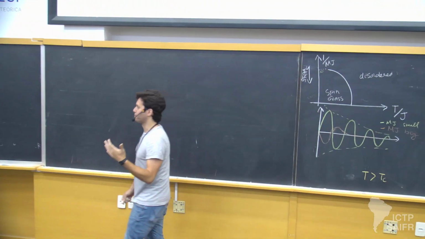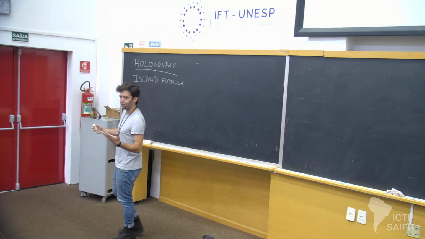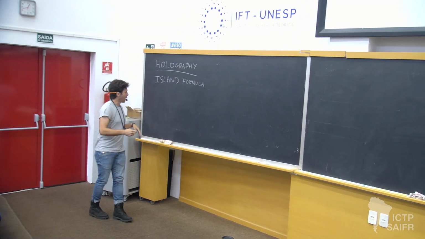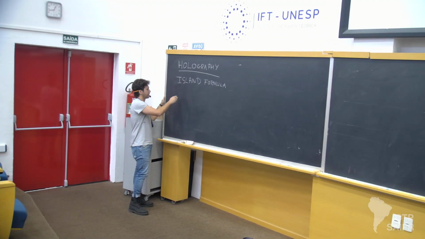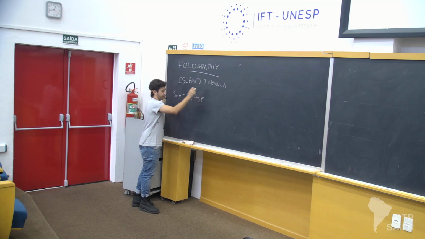You're trying to compute the entanglement entropy of a system in your quantum field theory. So we want to compute S_EE, which is minus the trace of rho log rho.